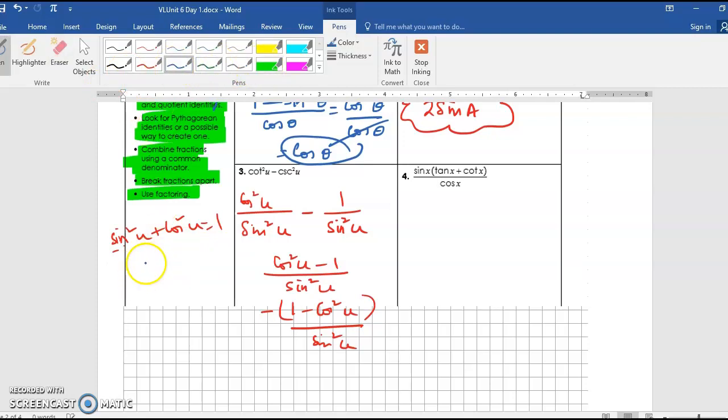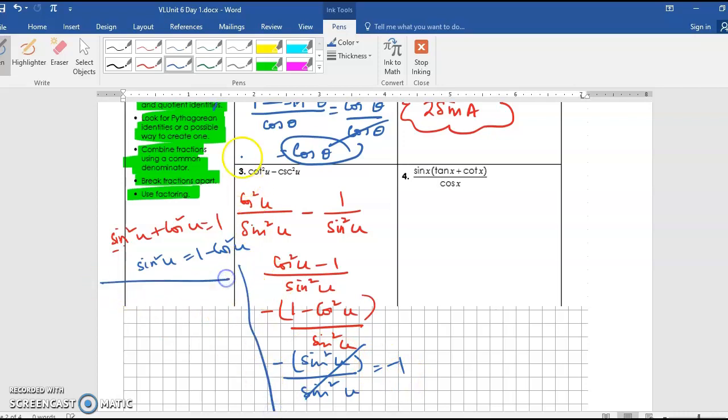Subtract the cos this time. So sine squared u equals 1 minus cos squared u. So this becomes negative of sine squared u. So you just have to replace this with sine squared u, right? So you can cancel this off and this is negative 1, okay?